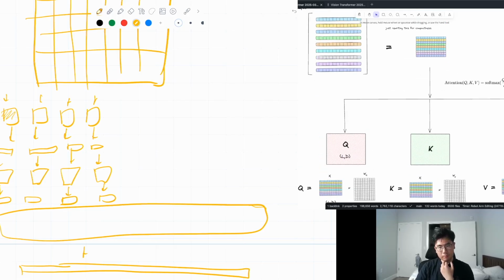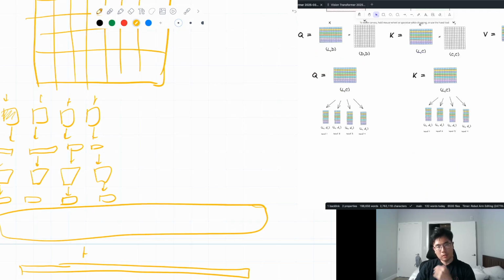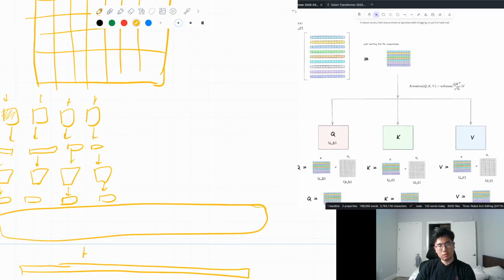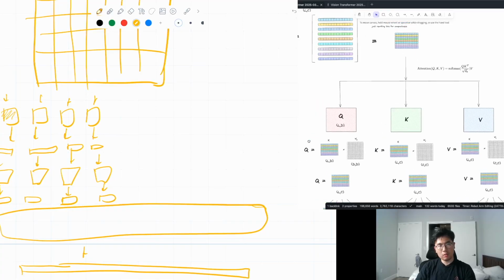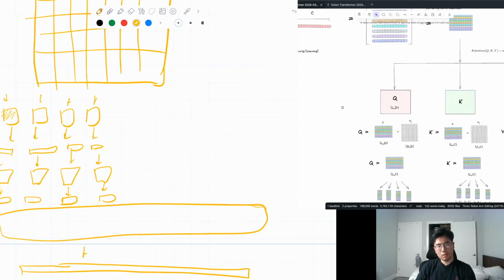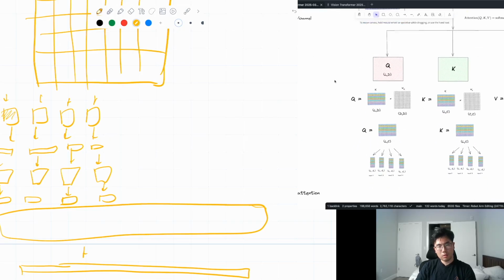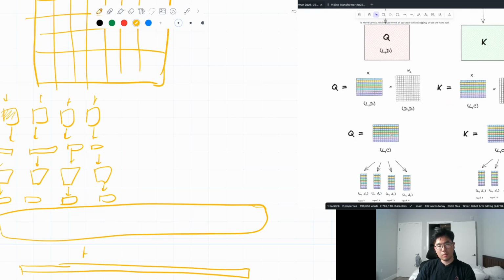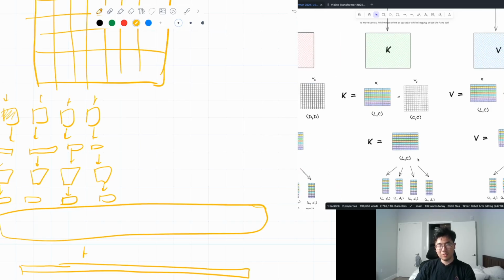And then you're going to split this into multiple heads. Yeah, I started using L D. Alright guys, give me a second. I need to replace everything by D.